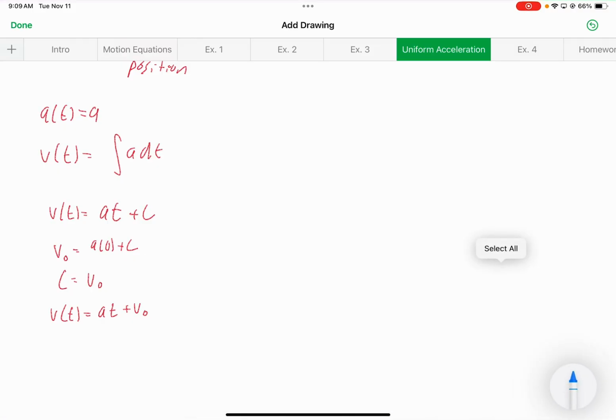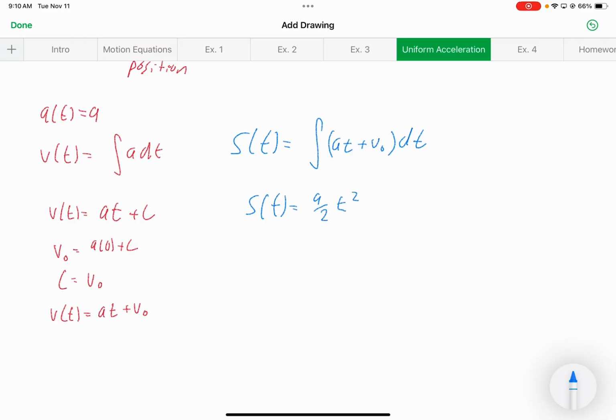All right, let's find what s of t is. So the antiderivative of what we just found, a times t plus v sub 0 dt. The antiderivative there would be a over 2, which we saw already, t squared plus v naught t plus my new constant of integration.